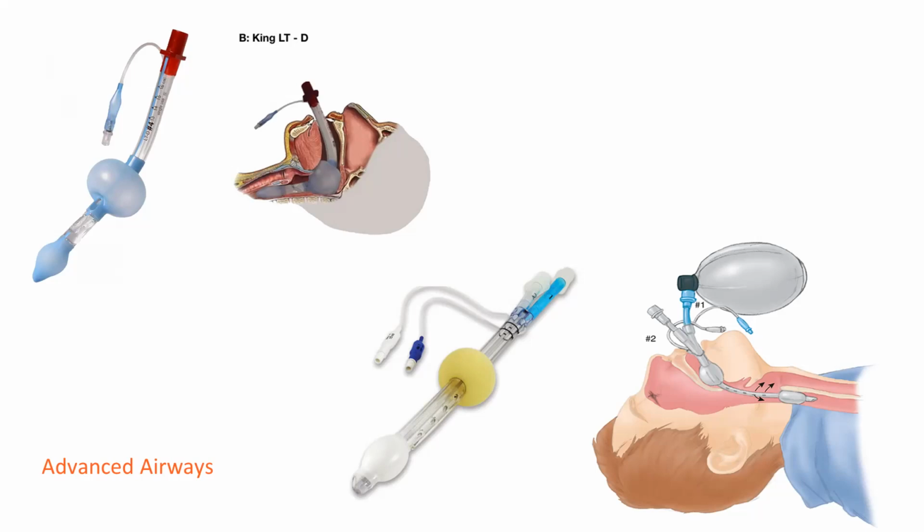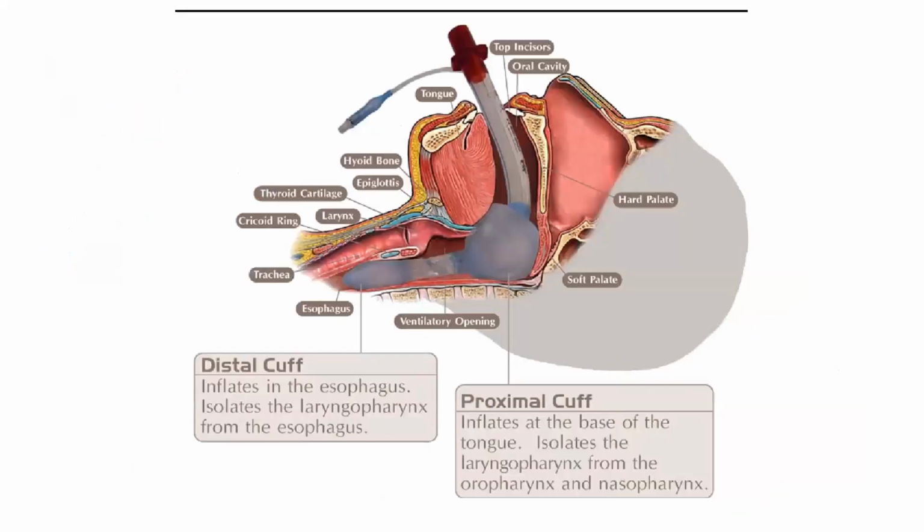All right, we're going to take a look at what these do. They have two cuffs on the King airway, right? They have the distal cuff and the proximal cuff, and you can see what each one does. This is supposed to be inserted in the esophagus, so that distal cuff is going to inflate in the esophagus. Think about that: if any vomit wants to come up, it's going to be blocked and it can't get into the trachea. That's awesome.